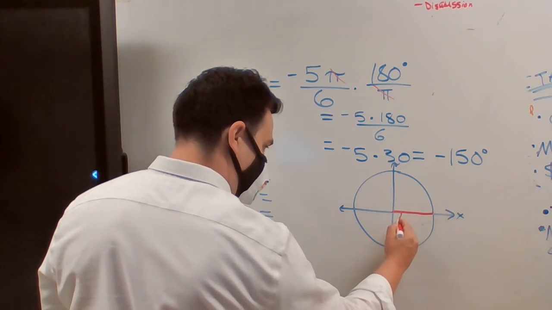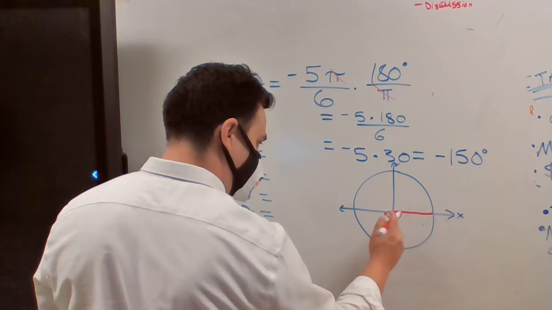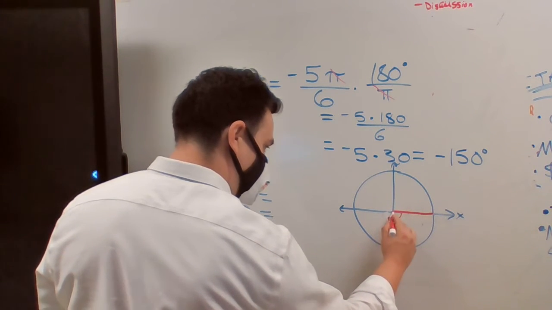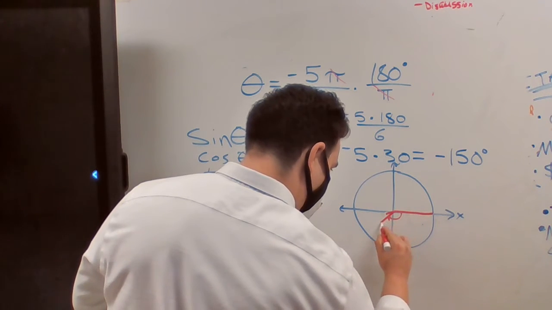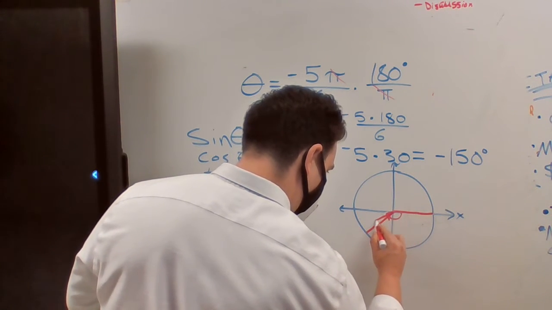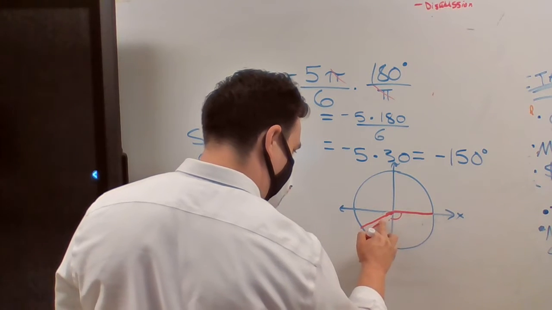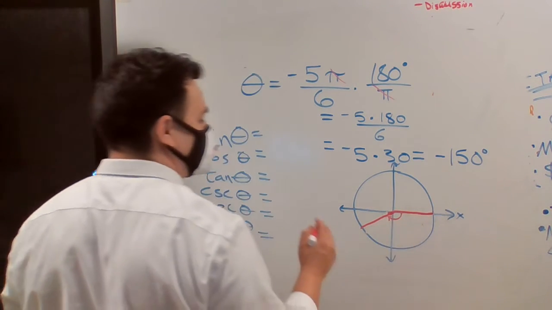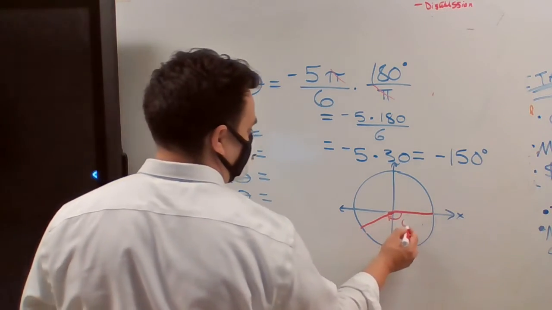It's going to be almost 180, but minus a little bit. Minus 30 if we're going to be exact. So something like that. There we go. So that right there is negative 150 degrees, or just, I'm going to abbreviate it, theta.